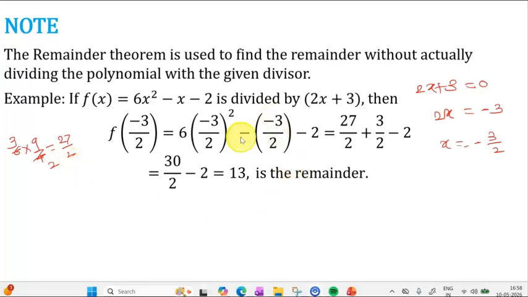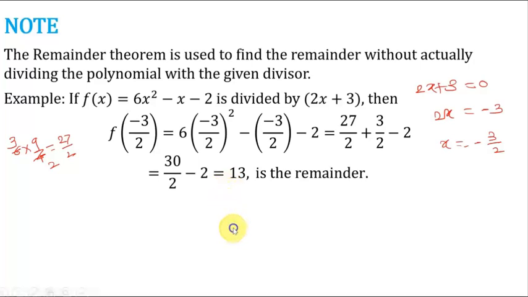Next is minus in bracket −3/2. Minus minus will become plus, and then −2. Both of these two fractions have the same denominator, therefore 27 + 3 = 30 upon 2. Then minus 2. 30/2 means 15, minus 2. Then you will get 13, which is the remainder.